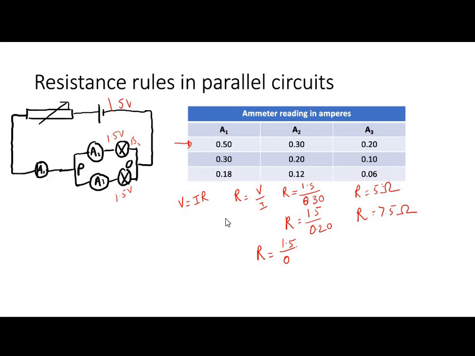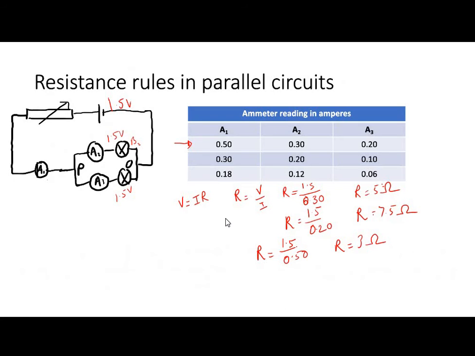This time we've got 0.5 as our current, and our resistance therefore is 3 ohms. So we can see just by doing some calculations that the total resistance in a parallel circuit is actually smaller than the resistance of these different components.